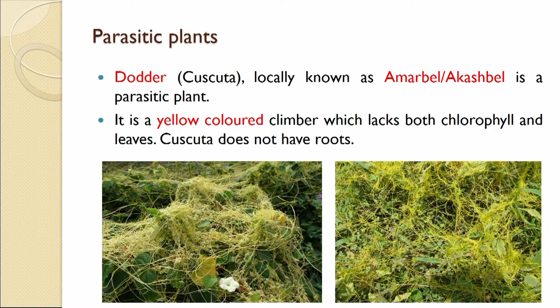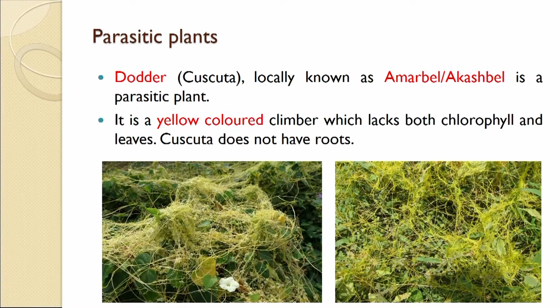Then comes parasitic plant. Parasitic plants are also one type of heterotroph. The most prominent example is the dodder or cuscuta, which is locally known as Akash bell or Amar bell. It is a yellow colored climber which lacks both chlorophyll as well as leaves, and the mature cuscuta does not even have roots.